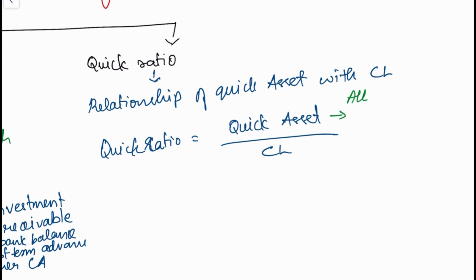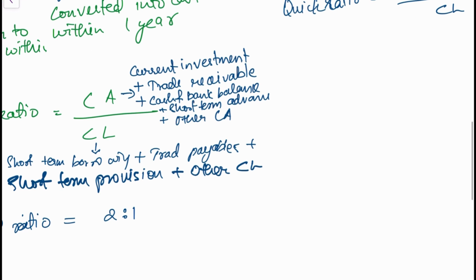All the current asset except inventories and prepaid expense. So from the current asset we have to reduce the inventories and prepaid expense, then you will get quick assets. Current liability, same thing, that is short term borrowing, trade payable, short term provision, other current liability.